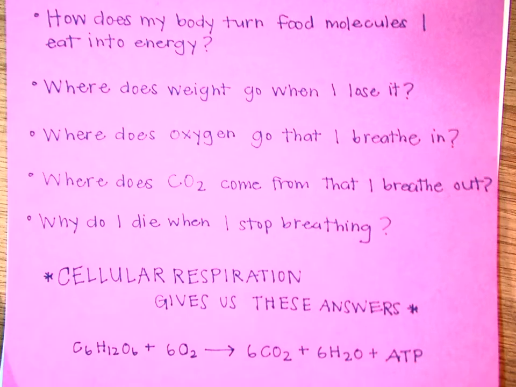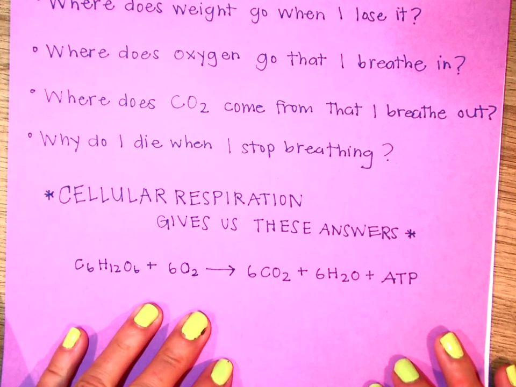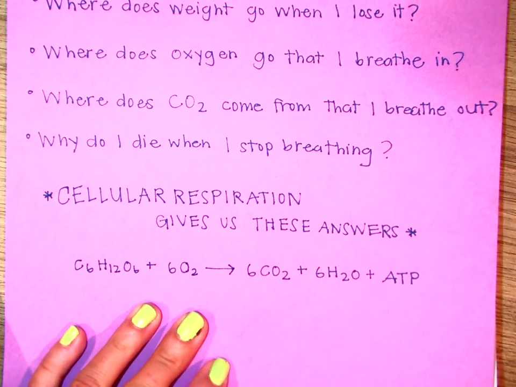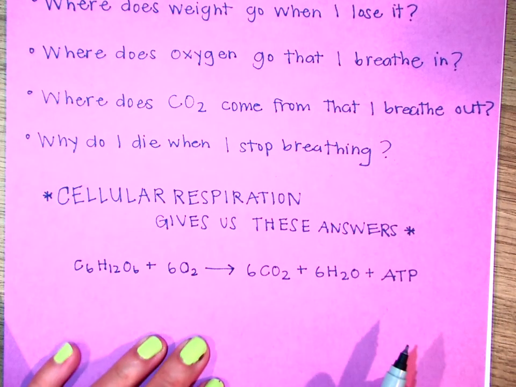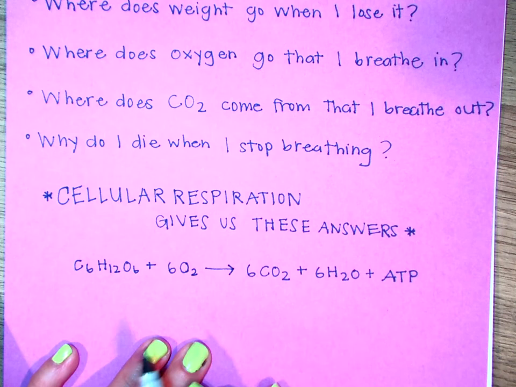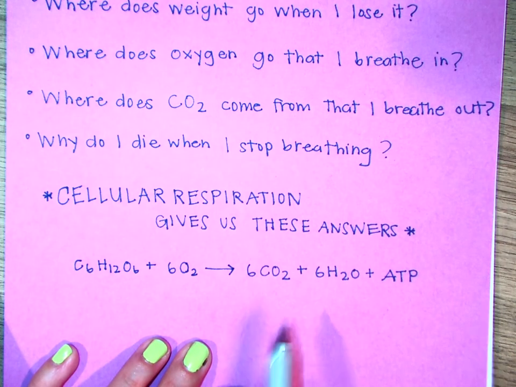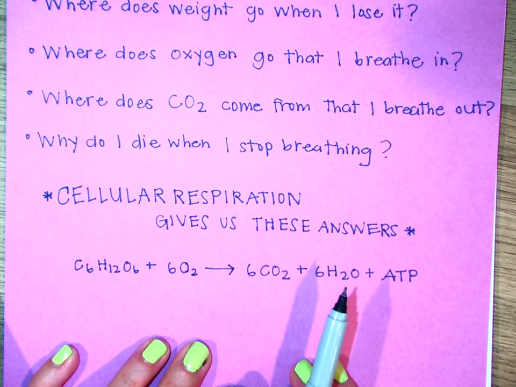So cellular respiration is going to give us these answers. Behold, cellular respiration has the answers. I've written out the reaction. I don't think this is necessarily something that you have to memorize, but as you go through and learn this, you'll see where this comes from.